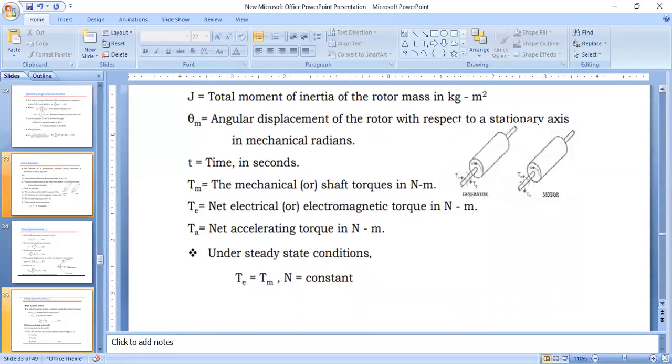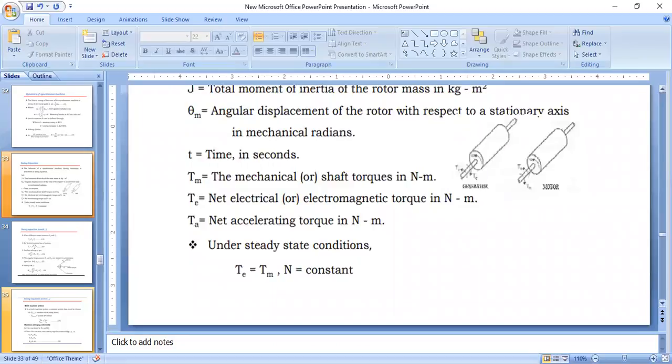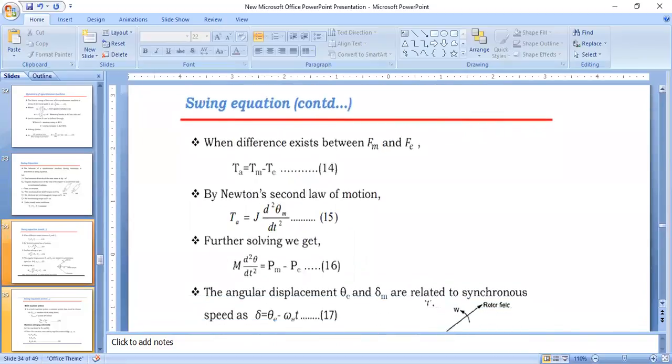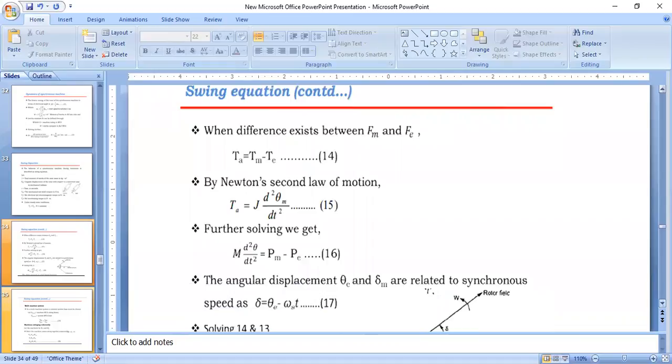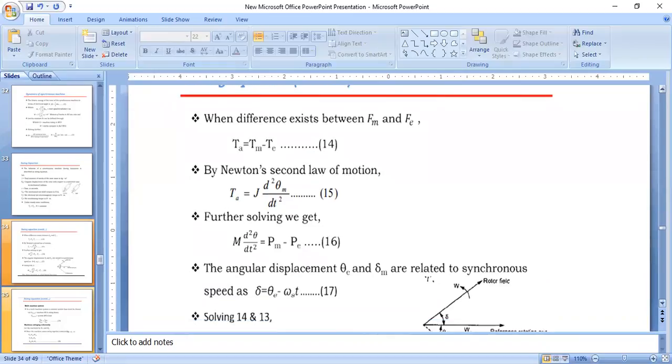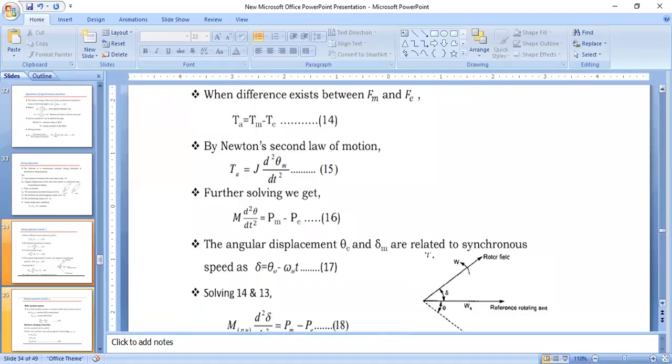Under steady state conditions, Ta is equal to zero, Tm equals Te, and speed is constant. When a difference exists between Tm and Te, Ta is equal to Tm minus Te. By Newton's second law of motion, Ta is equal to J d square theta m by dt square. Further solving, we get M d square delta by dt square is equal to Pm minus Pe.